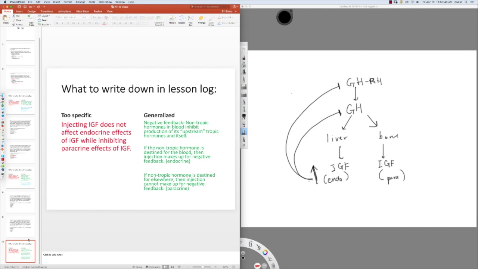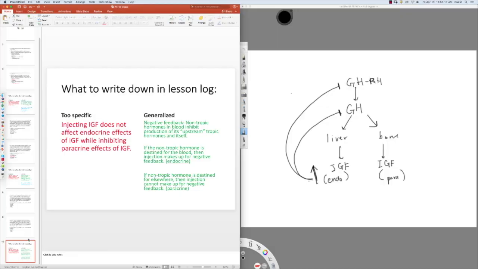However, the second principle says if the non-tropic hormone is destined for the blood, then injection makes up for negative feedback. Any injection will increase the endocrine concentration of the hormone. That's why in this very problem we have no issues with decreased liver-produced IGF, because the injected IGF is counted as part of the endocrine hormone concentrations.